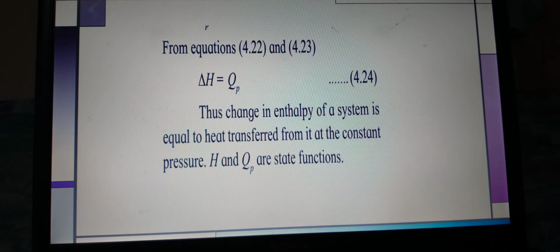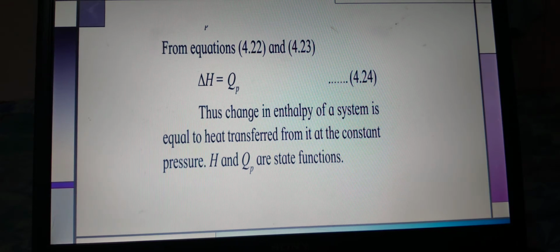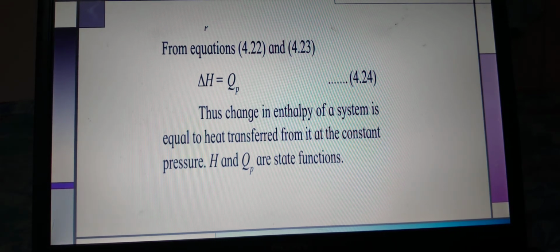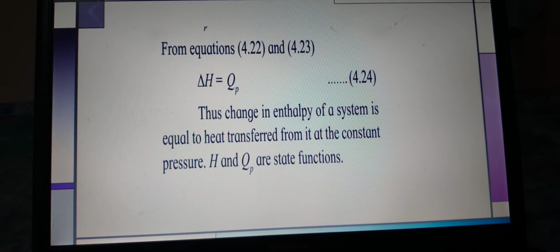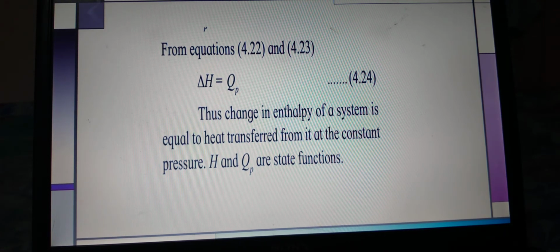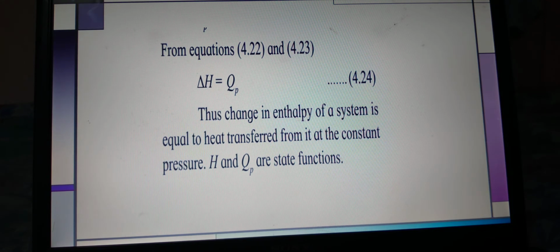Although Q is not a state function, QP and QV are state functions because the path of the process is defined. Therefore they can have only specific values. Therefore delta H is equal to QP. Thus the change in the enthalpy of a system is equal to the heat transferred at constant pressure. The heat should be absorbed by it when a reaction is run at constant pressure.